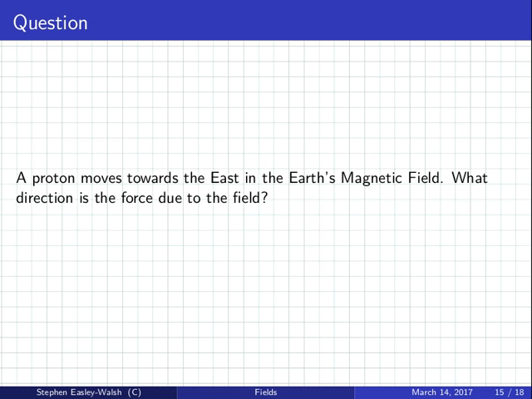So as it moves towards you, there's a force acting up on it. If I shoot a proton at you, it will want to move upwards in the magnetic field. Yeah, upwards. Okay. Next, if there is a next one.